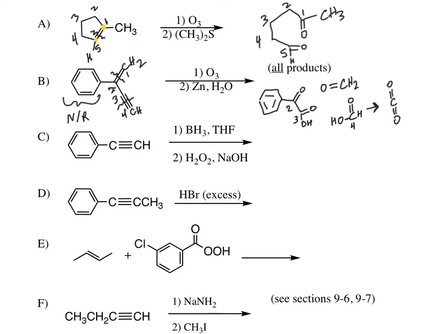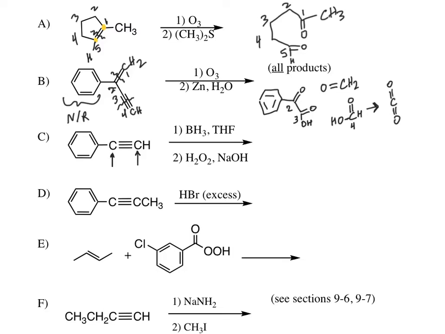Okay, our next reaction looks like we have hydroboration oxidation. So again, a 2-step procedure is described as hydroboration oxidation. And what that's going to do with an alkyne is the same thing it will do to an alkene. It's going to break the pi bond and add an H and an OH.